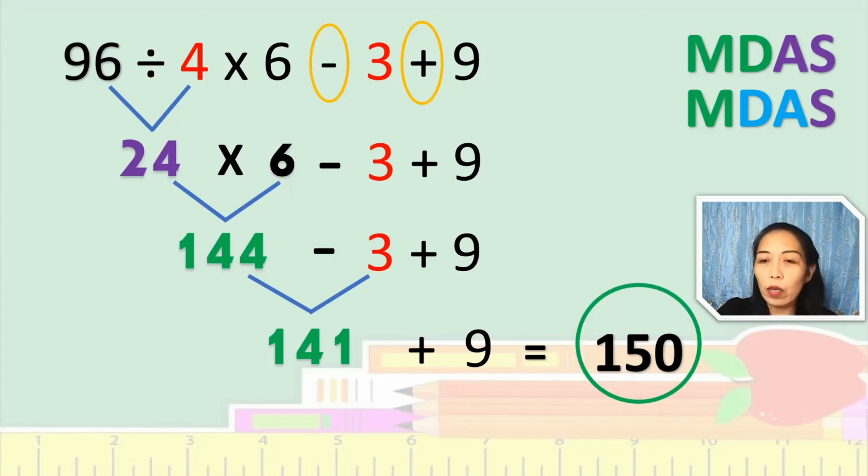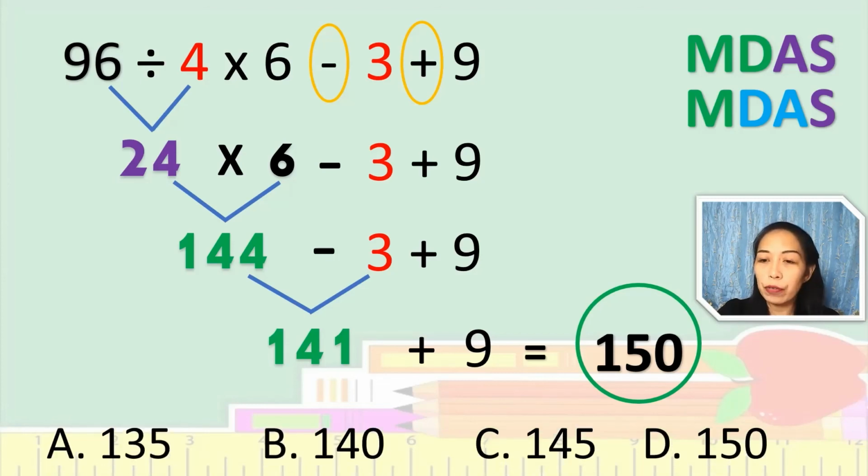So when we are going to check, sa atong choices, letter A 135, letter B 140, letter C 145, and letter D is 150. So the answer for number 5 is letter D, 150.